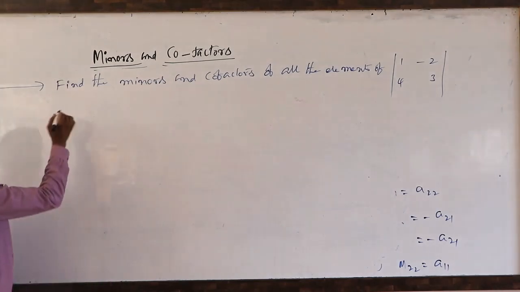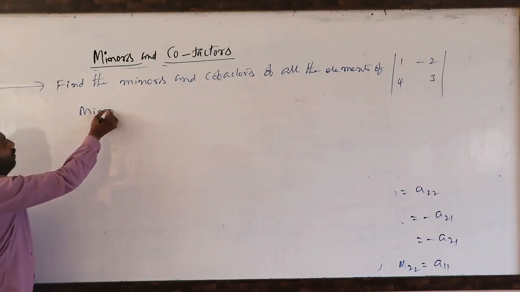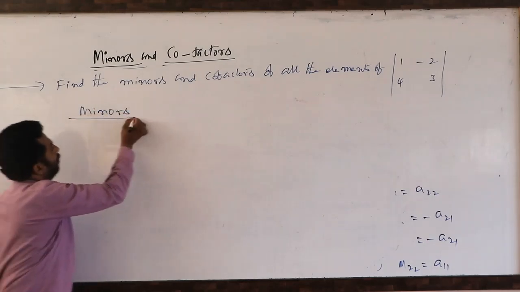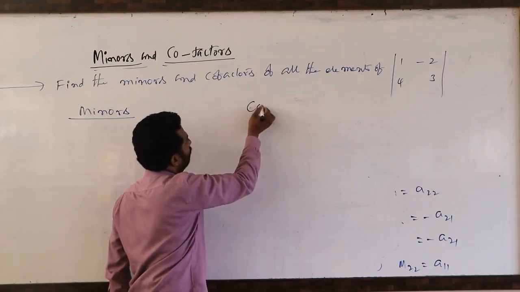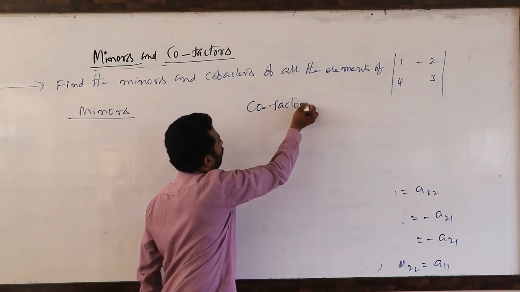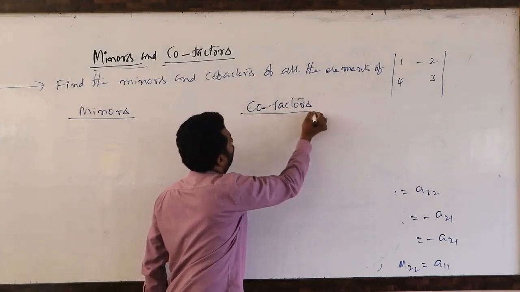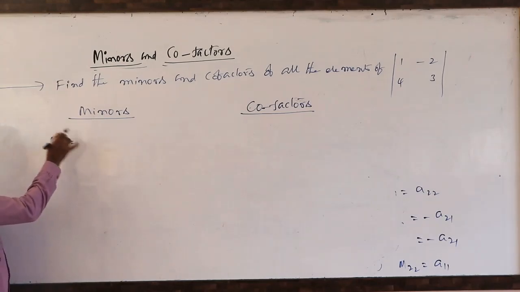So first minors, then cofactors. Minor M11 means first row, first element.